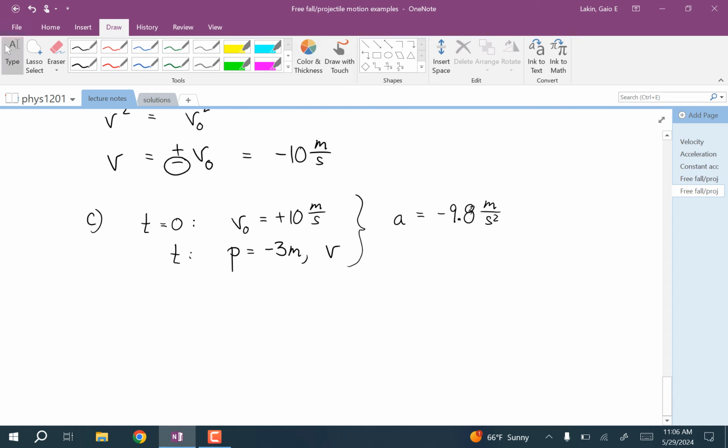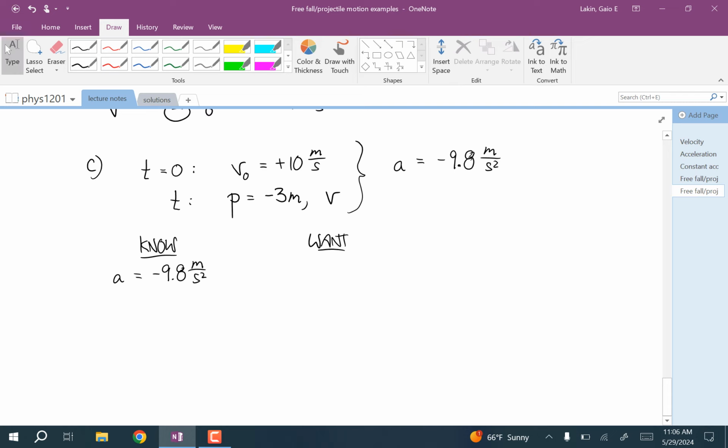We don't know the time. We do know the acceleration is -9.8. The position is -3. The starting velocity is +10 meters per second. And we're trying to calculate v.